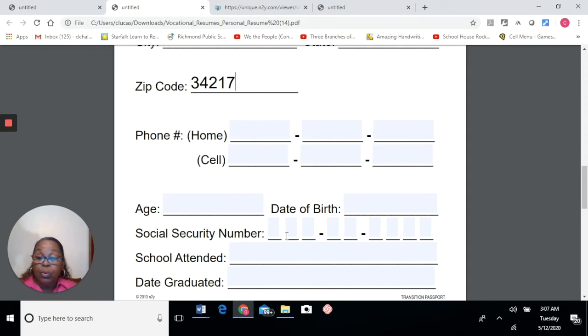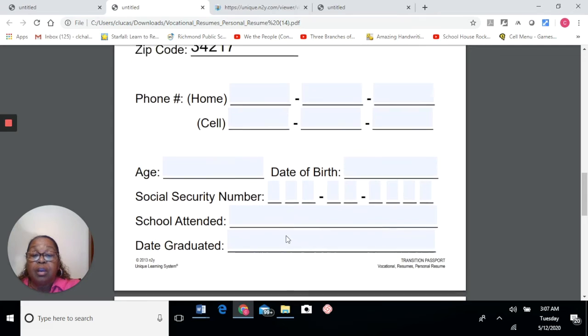If you're doing this online, it has to be on a secure website. And if you're giving this to someone, you need to make sure that you have it in an envelope, you give it to the person that is designated to receive it, and that it doesn't get into anyone else's hand, because your social security number is very important and you need to keep that to yourself. Okay? Don't give your social security out to everyone.